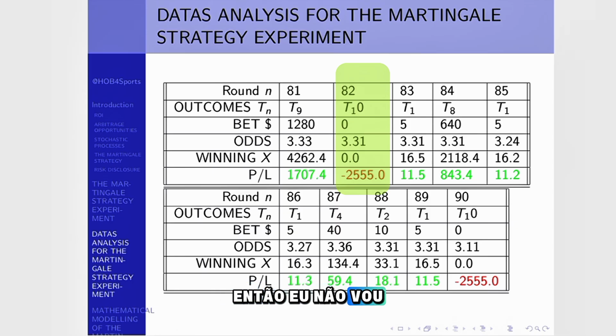So I'm not going to go through everything. And as you can see, the sequence continues from round 83: T1, T8, T1, T1, T4, T2, and again in round 89, T1.